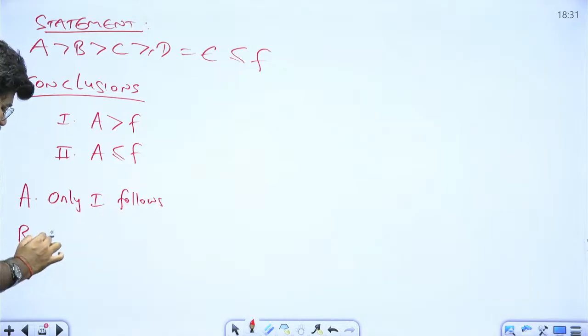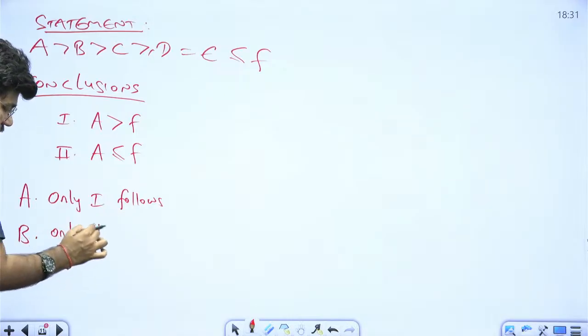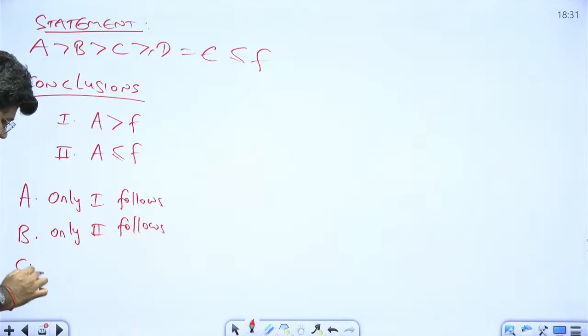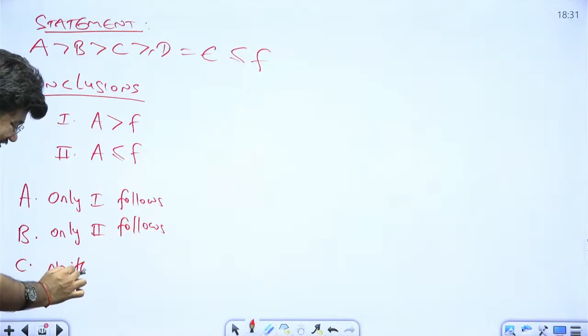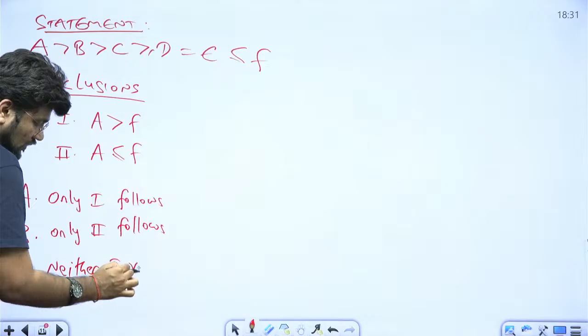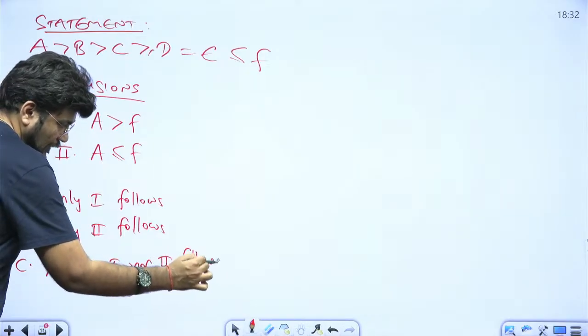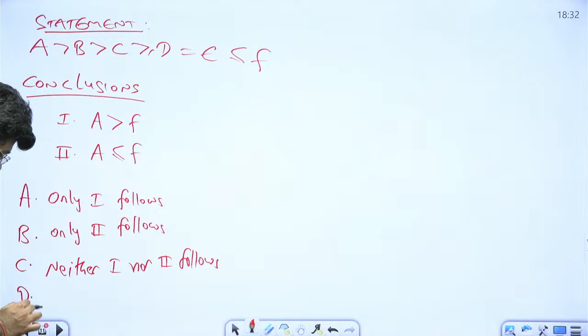Option B, only two follows. Option C, I am saying neither follows. Neither one or two follows. Option D, I am saying both follow.